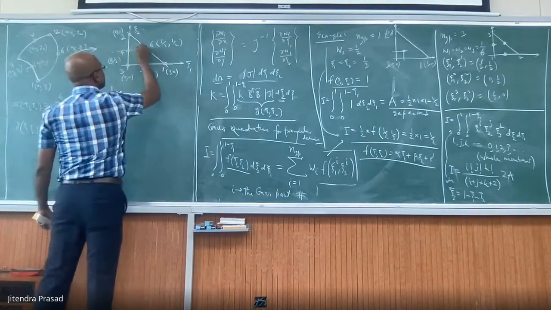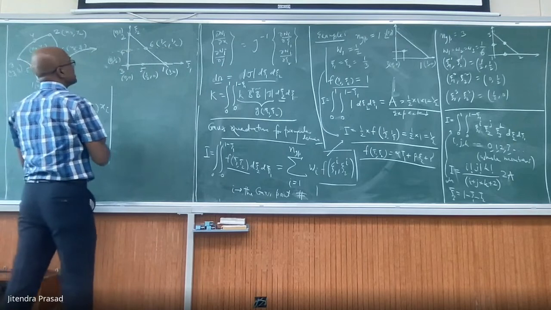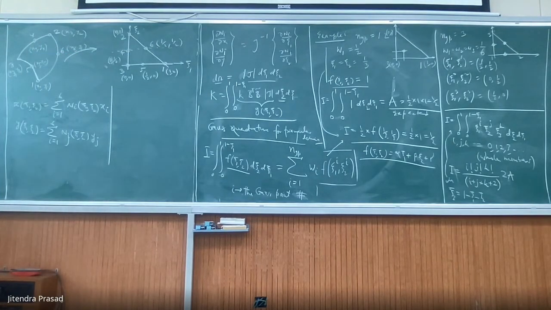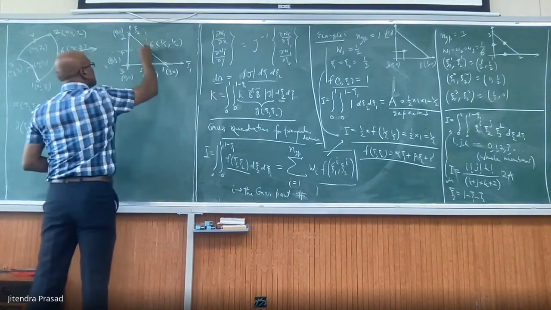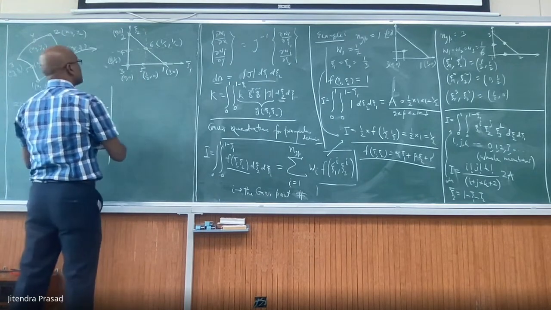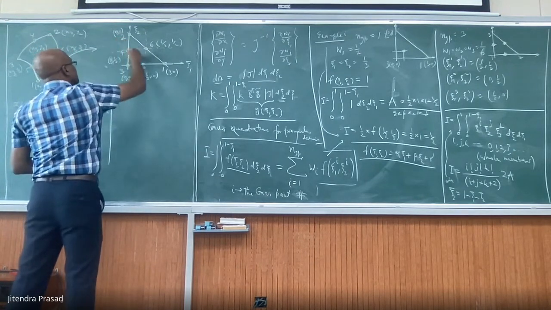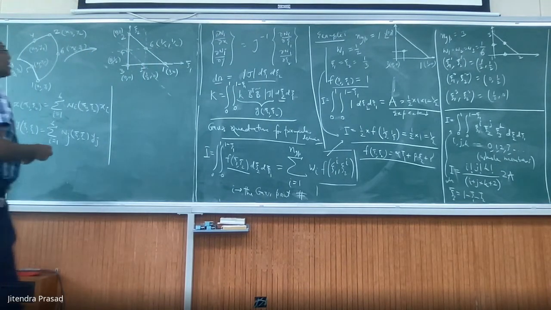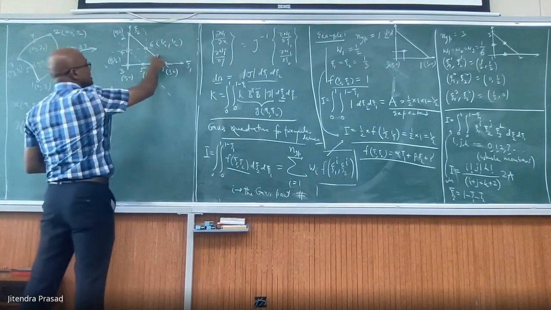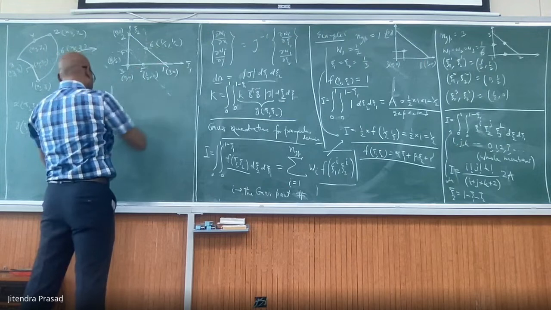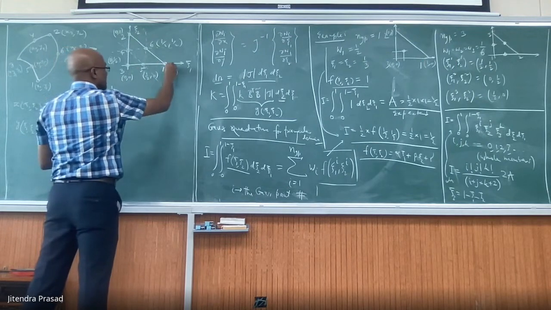So there is a line here which is going like this. There is a line here, and there is another line that goes like this. What is the equation of this line?